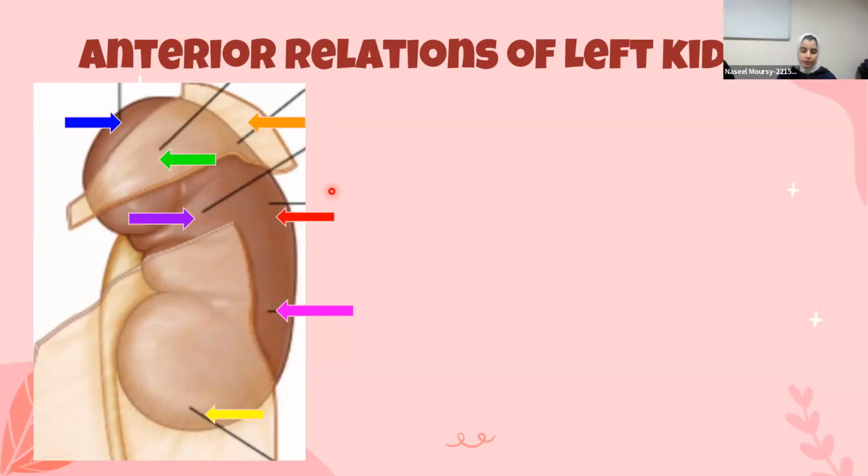Didn't we say spleen? Red? No. Spleen was the orange one. Spleen is high up in the abdominal cavity. Red would be, like Sidra said, the colon. So particularly the left colic flexure.